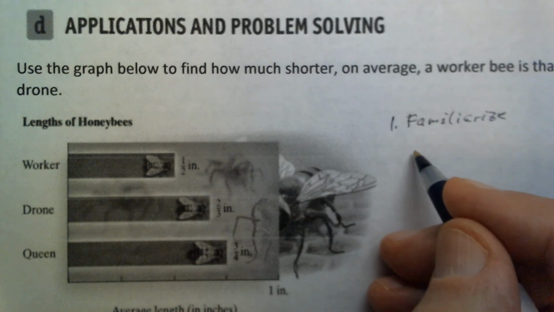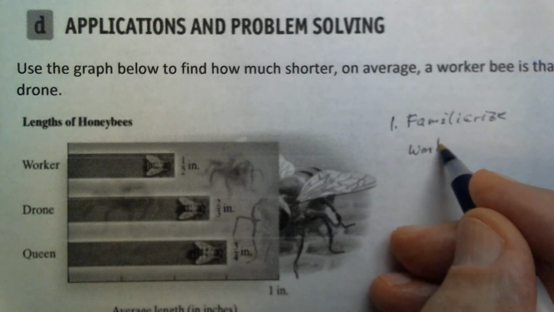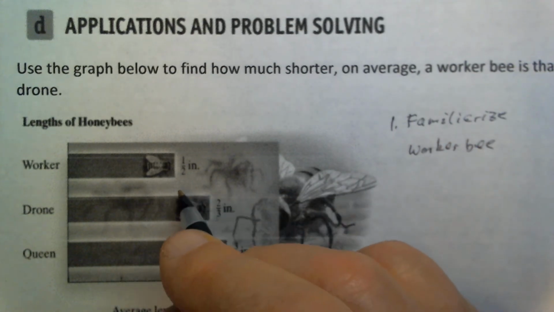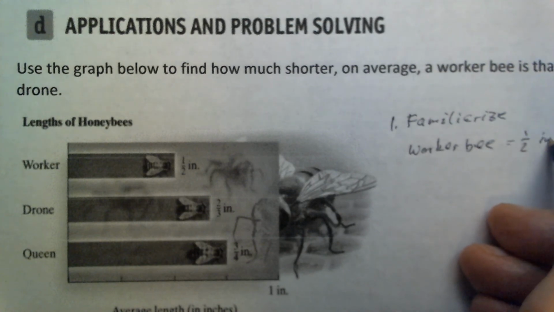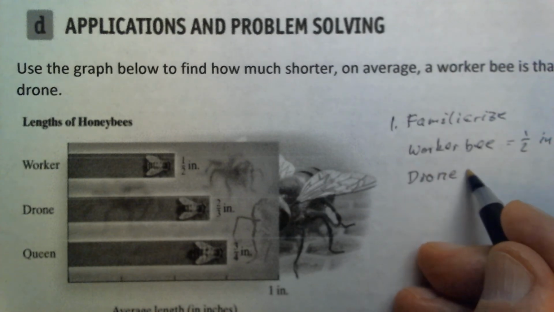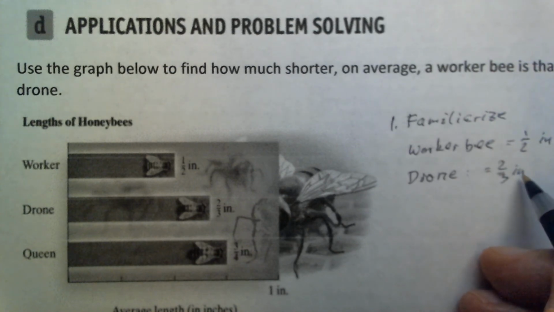The worker bee on average is 1/2 inch, and a drone on average is equal to 2/3 inch.